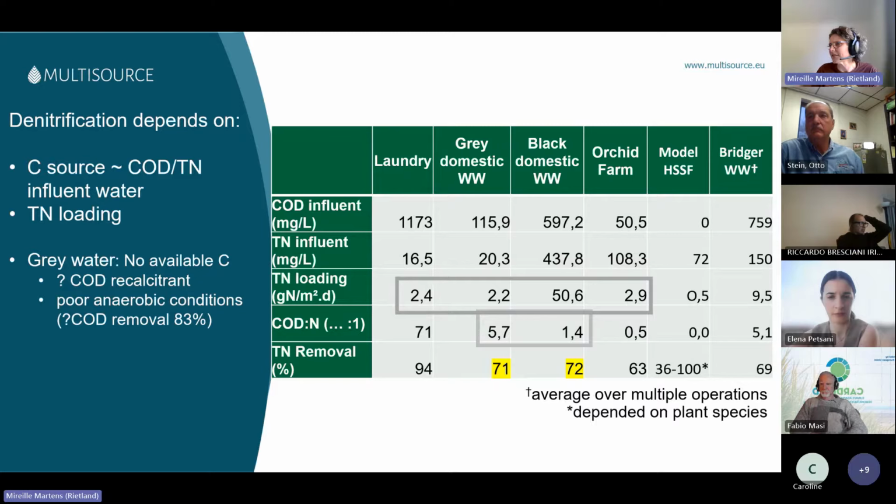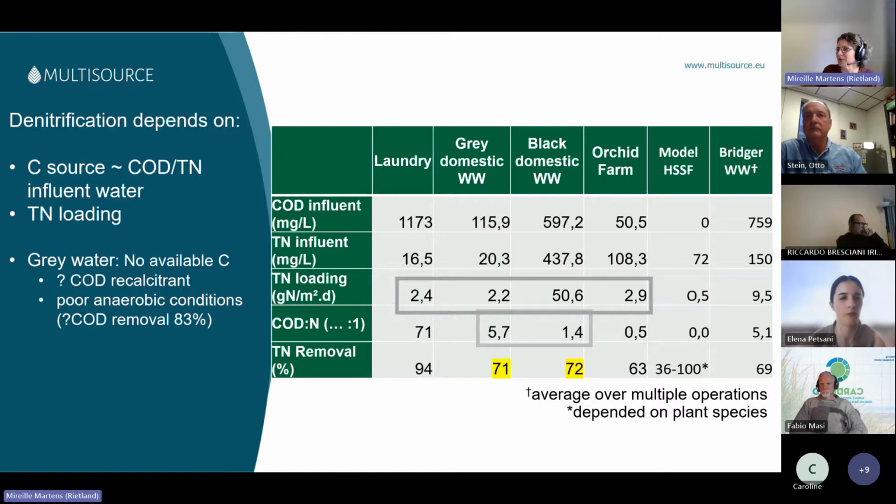As I said, it's not clear why the gray water doesn't have such good denitrification, because probably the carbon is not so available, but it's not so clear, because the BOD was quite okay.